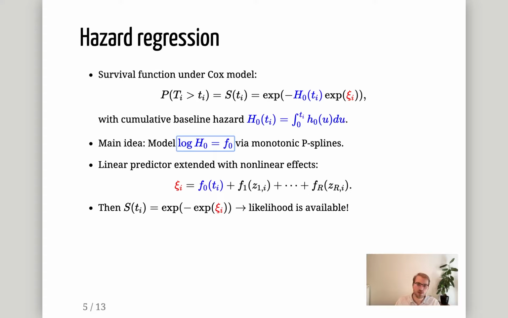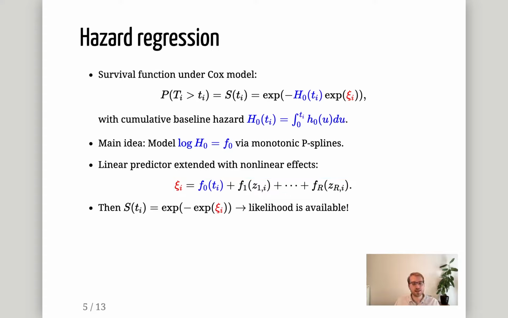This nice switch gives us a closed form expression for the likelihood simply due to the properties of P-splines. And we have a general linear predictor, which is extended with the log-cumulative hazard rate, as well as other nonlinear effects, all modeled via P-splines.